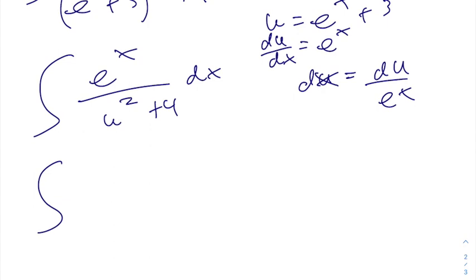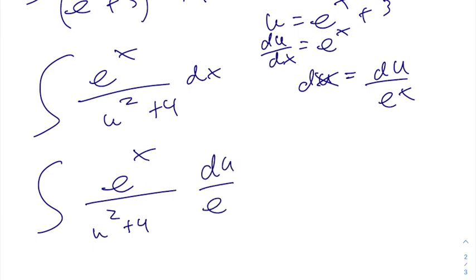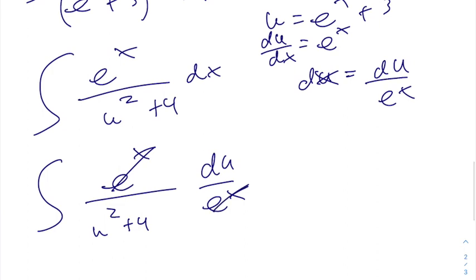So the integral can be written as e^x divided by u squared plus 4, times du over e^x. Here we see that the e^x cancel out, so we get the integral of 1 over u squared plus 4.